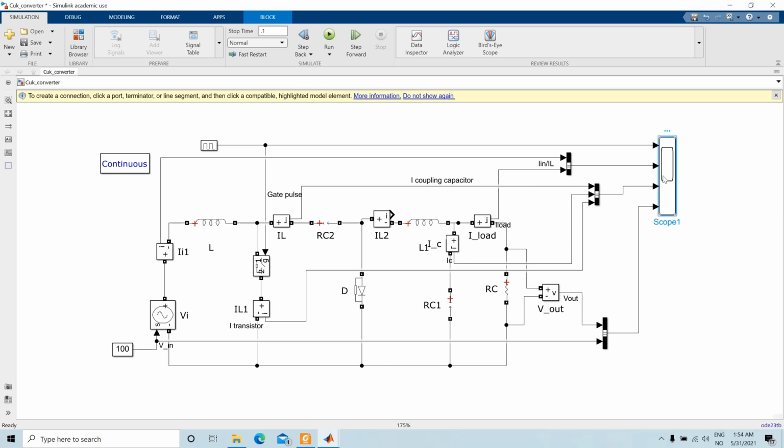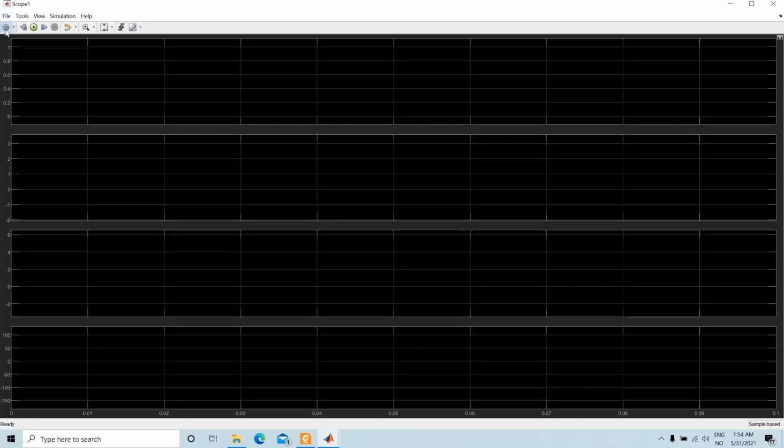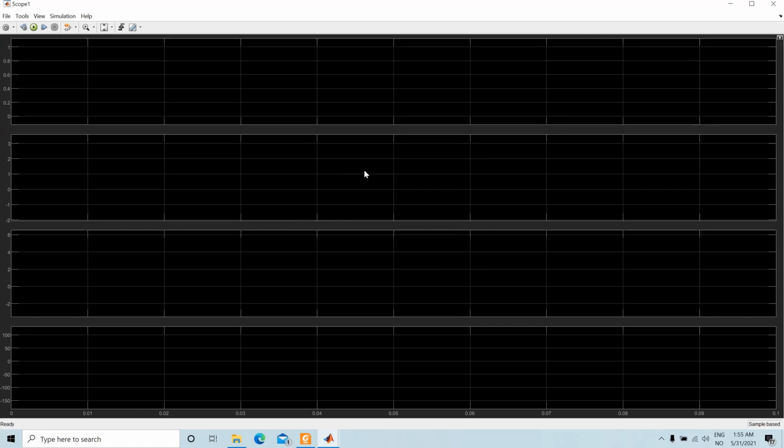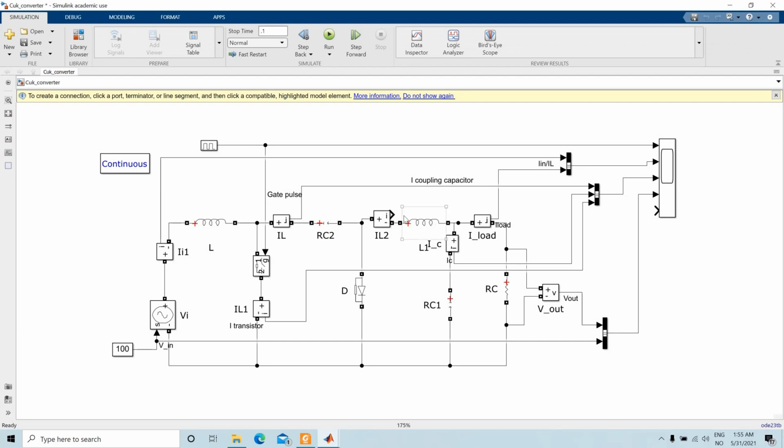For instance, you can increase the number of inputs in this scope. You can simply double click here and then go to the settings. You can give number of inputs as 5, and then let's say this is our IL2.